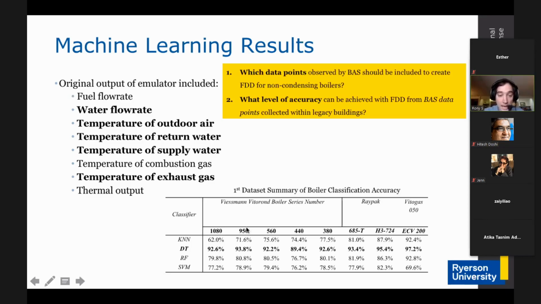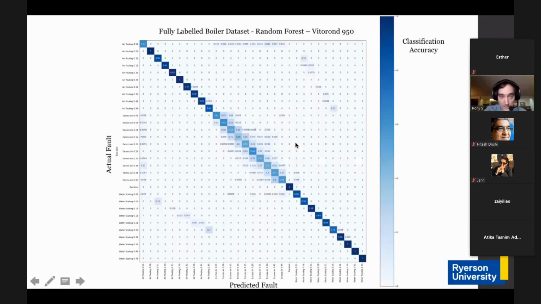And so what we can do is visualize these results in individual charts, and that's what this looks like here. This is a confusion matrix, an output of our machine learning algorithms. On the left axis is our actual fault, so that's what we've emulated, 100% true what it should be. On the x-axis, we have the predicted fault, what the machine learning algorithm was taught to believe the fault would be.